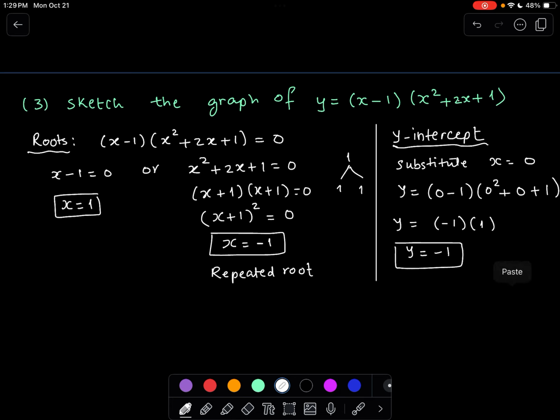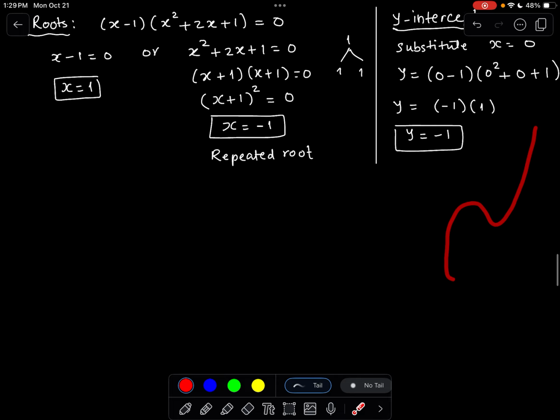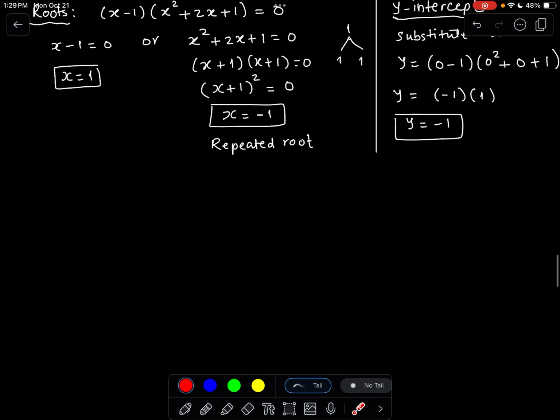Now that you have everything, think about how the graph will be. Is it going to be uphill or downhill? So if you multiply x with x squared, you know that the graph is just going to be uphill, right? And we're going to have a repeated root at minus 1. So let us try how to draw this graph.